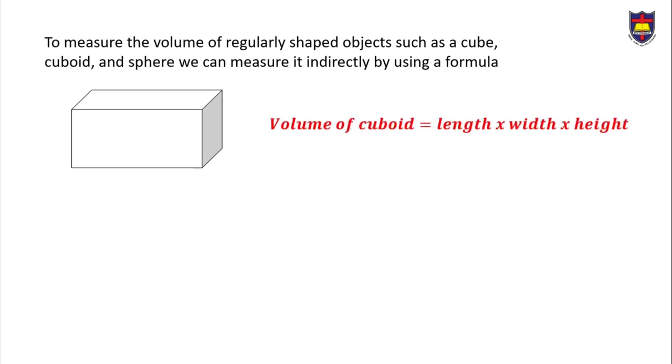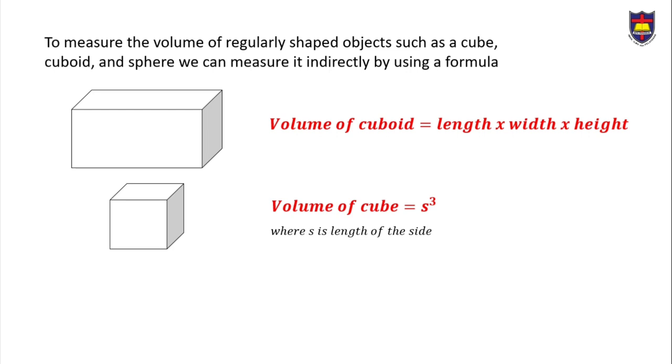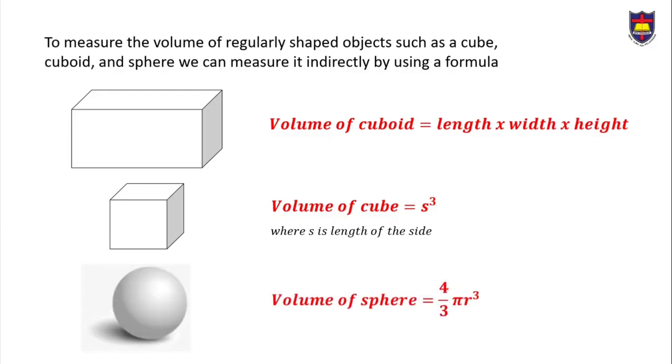Then to find out the volume of a cube, volume of cube equals s cubed, where s is the length of the side. And to find out the volume of a sphere, volume of sphere equals 4 over 3 pi r cubed, where r is the radius.